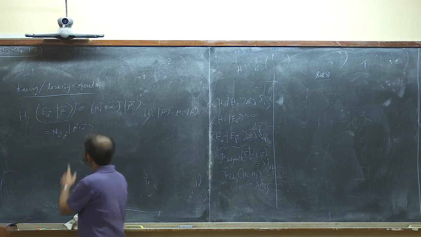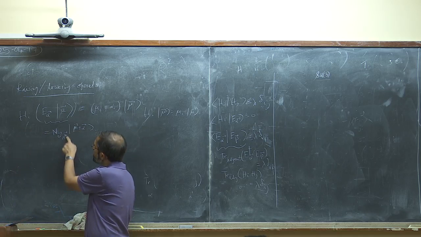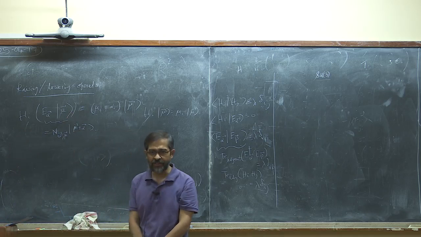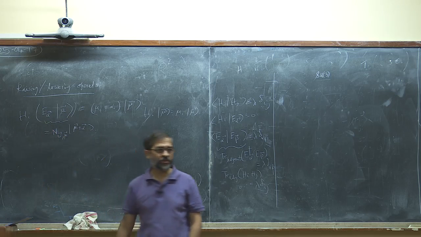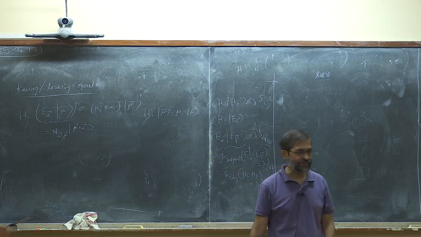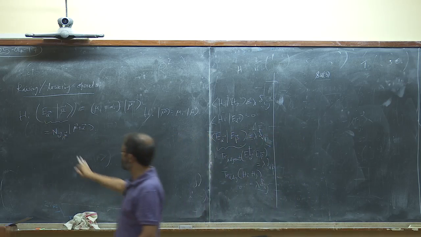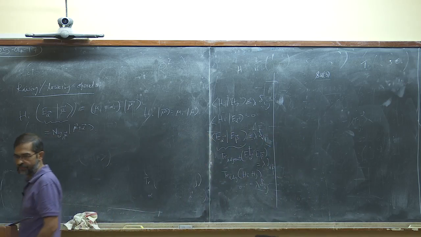The second argument says which weight vector it is acting on, and the first argument says which root is acting on it. So that's my definition of n alpha mu.